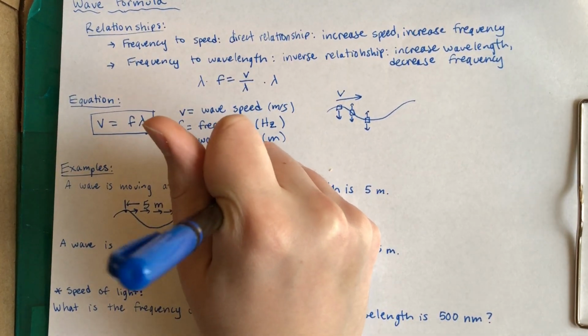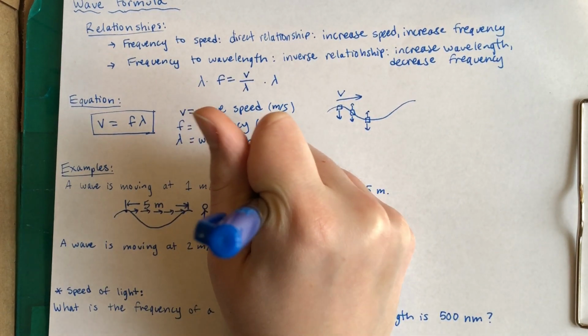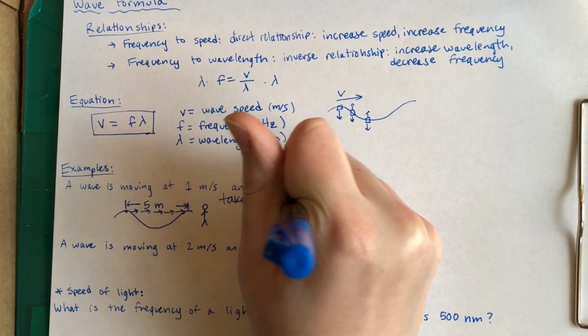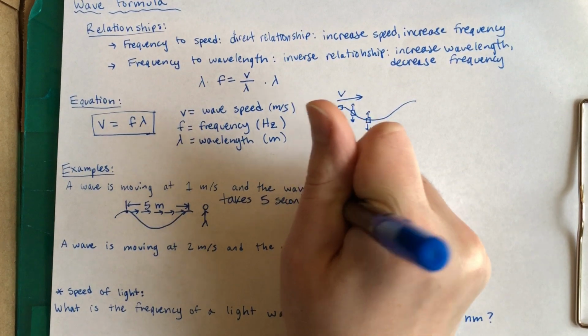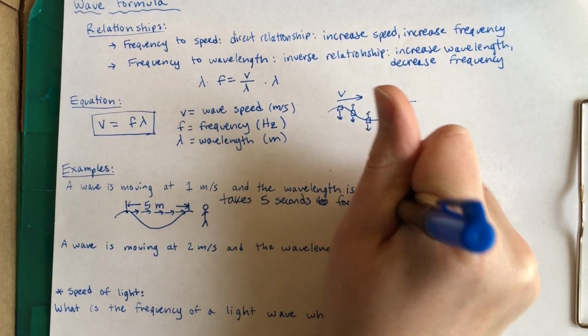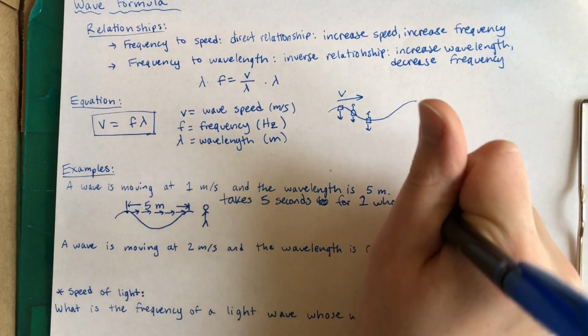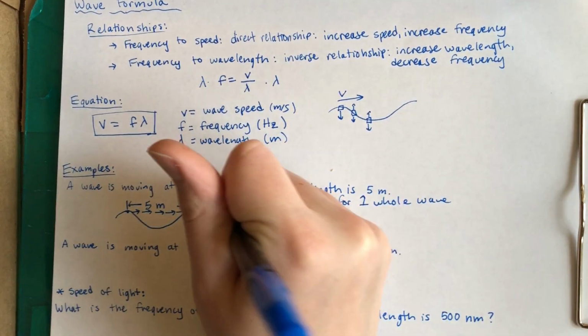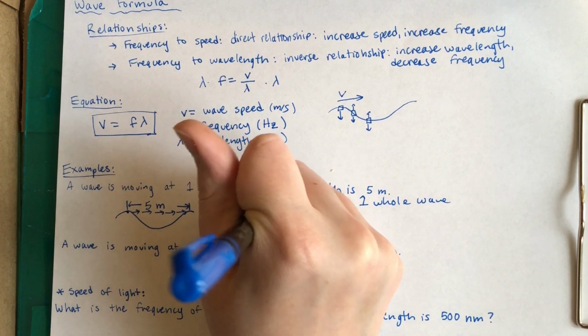So it takes 5 seconds for one whole wave to go by.